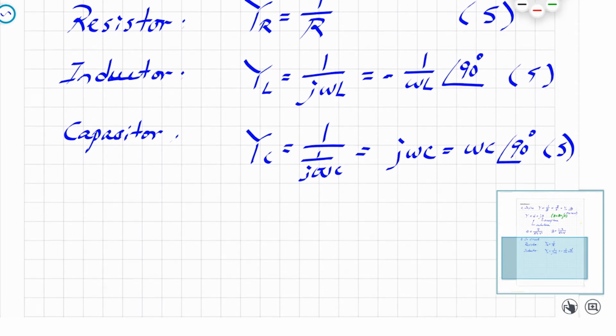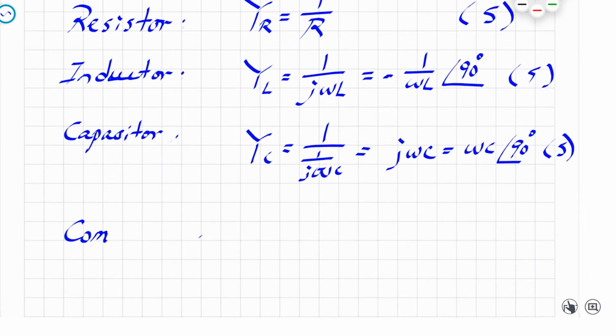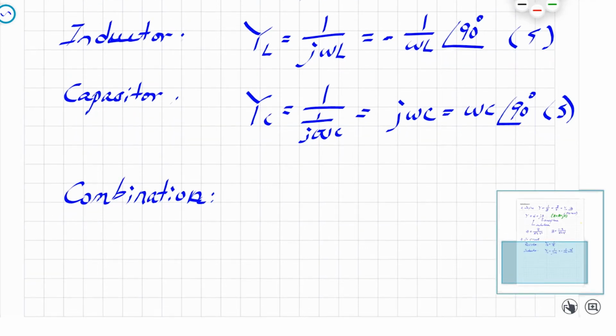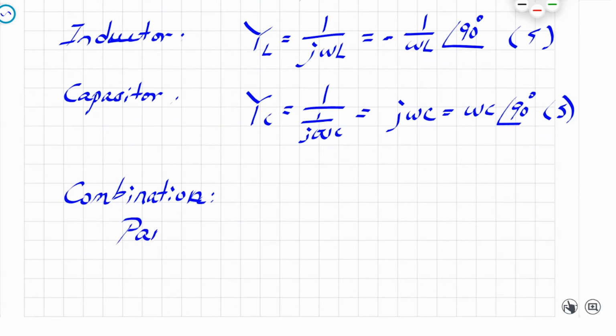Now for combination in parallel, if we remember, for impedance the reciprocal of the total makes the reciprocal of the total Y equal to 1 over Z1, which makes Y1, plus 1 over Z2, that makes Y2.